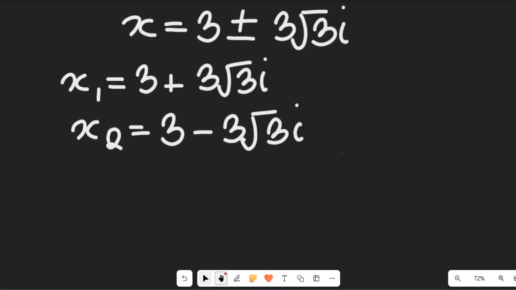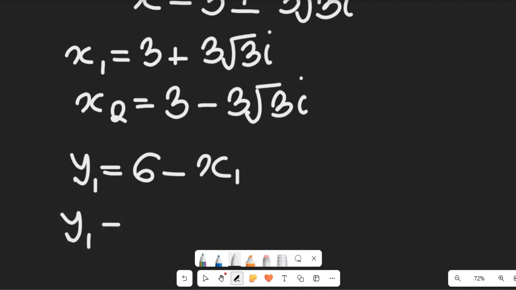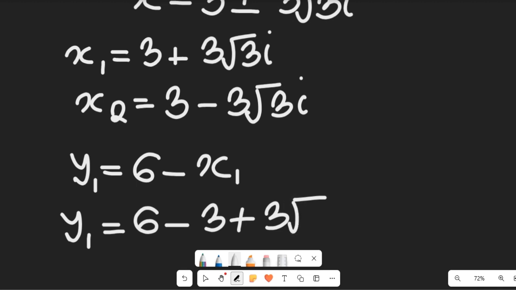So if x1 is equal to that value, then our y1 will be equal to 6 minus 3 plus 3 root 3i.